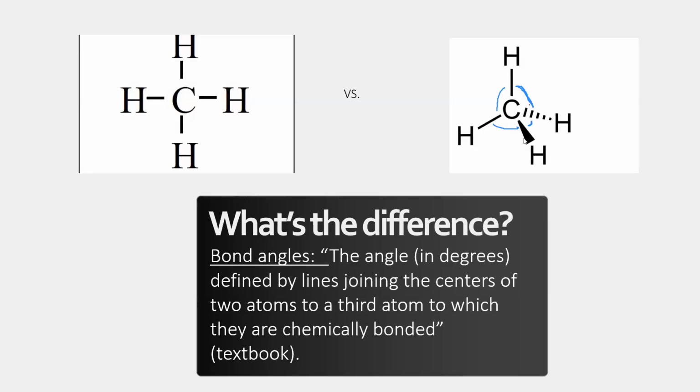Okay, well, it turns out that the Lewis structure here on the left is not necessarily a different shape than we have here on the right. It's the same molecule, CH4. So we would like to know, how can we model that based on our current knowledge?